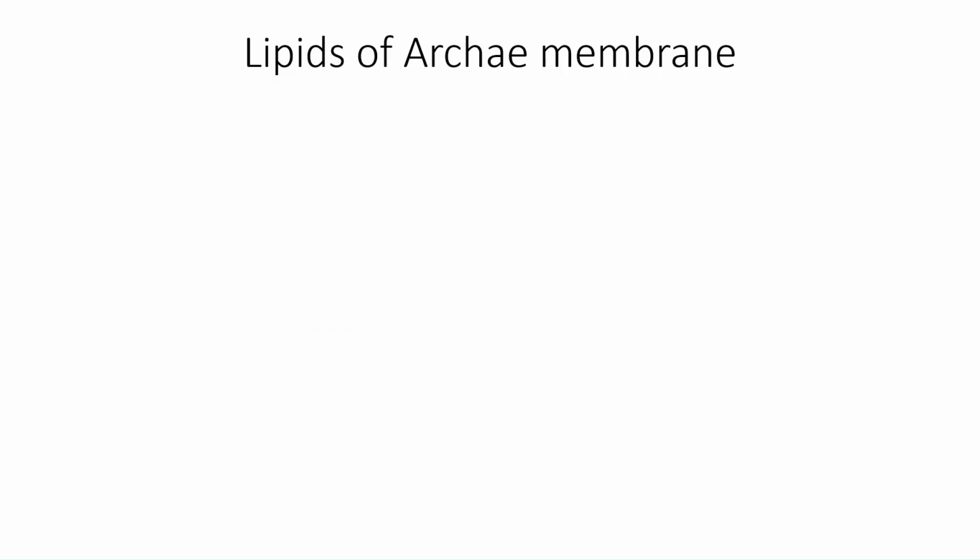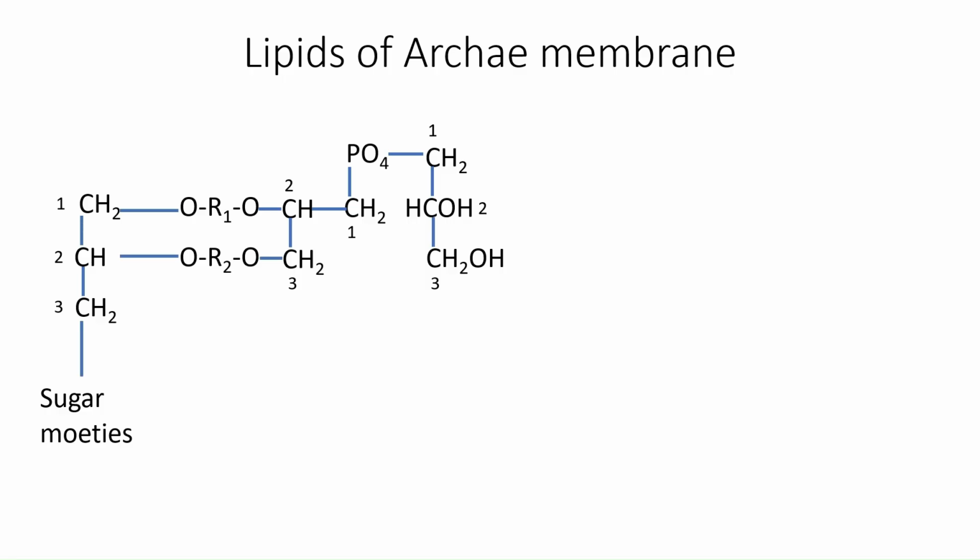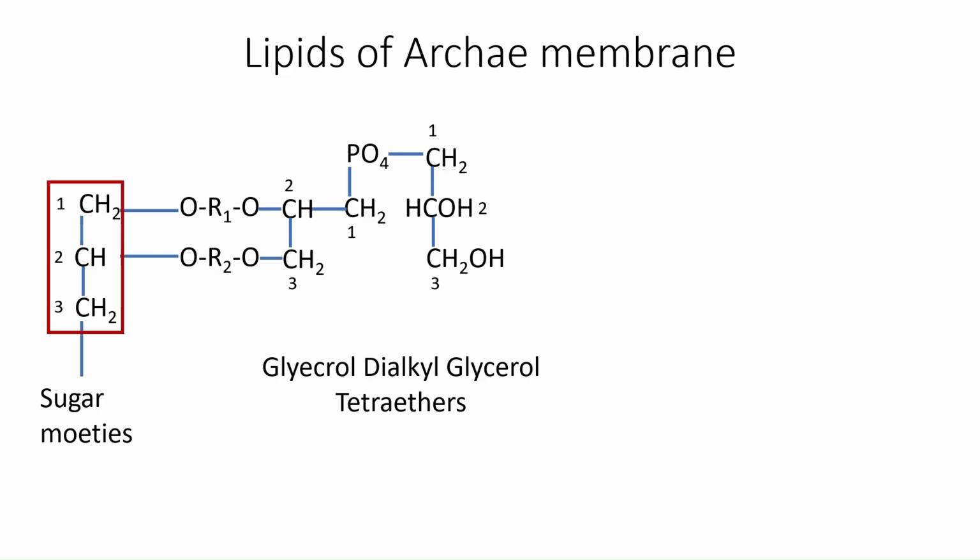Moving on, we have lipids of archaeal membrane. This is quite a complex structure. The name of the lipid is glycerol dialkyl glycerol tetraethers. We can see here we have the first glycerol, and here is the second glycerol. They are linked by four ether bonds, hence the name tetraethers. The first glycerol molecule has a sugar moiety attached to the third carbon, and the second glycerol molecule has a glycerol phosphate attached to the first carbon.